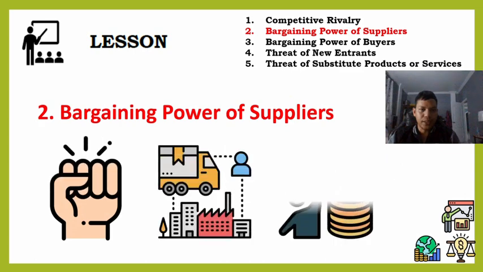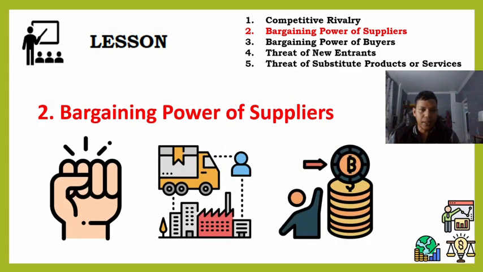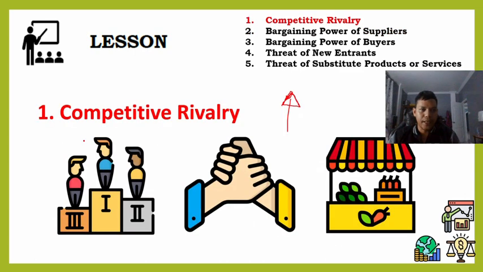The second force is bargaining power. Again, we will have a recap first of the first force. First is competitive rivalry. If the rivalry competition is high, it means that the customer can easily choose other products from other companies, businesses, or your competitors.